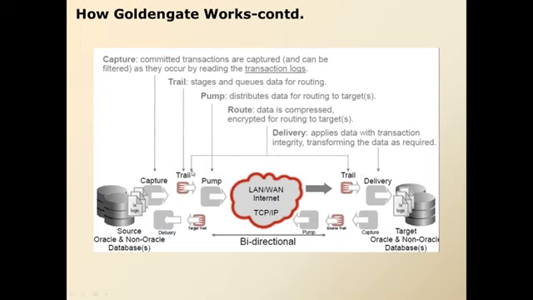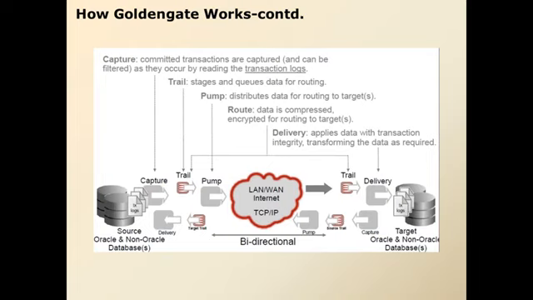So the capture process is capturing the changes. Now remember, your transaction logs will contain committed as well as uncommitted transactions. However, the capture process only captures the committed transactions and writes those committed transactions to local trail.